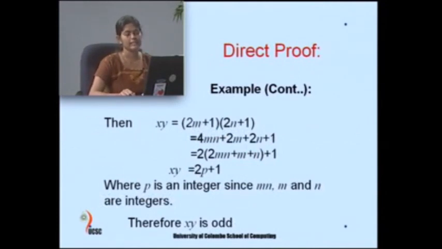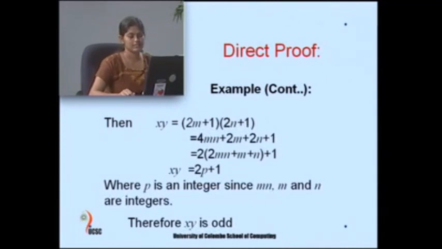Then we can multiply those two values, that is x and y, then we can get (2m plus 1) into (2n plus 1). If we multiply 2m and 2n, then we can get 4mn. In that way, we can get 4mn plus 2m plus 2n plus 1.